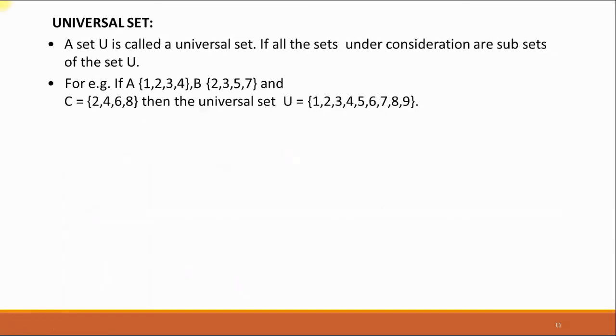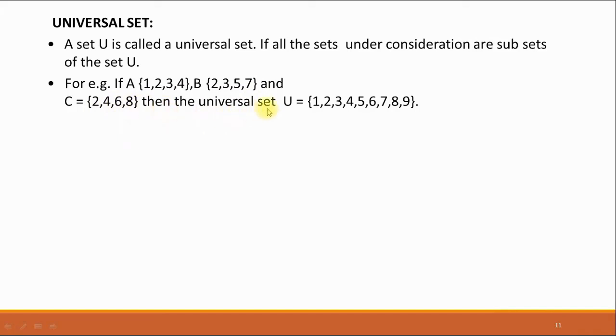Now universal set. A set U is called a universal set if all the sets under consideration are subsets of the set U. For example, set A is equal to {1, 2, 3, 4}, set B is {2, 3, 5, 7}, and C, the third set, is {2, 4, 6, 8}.